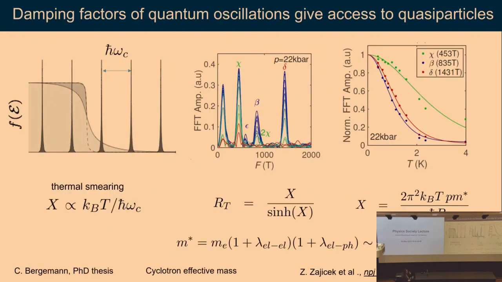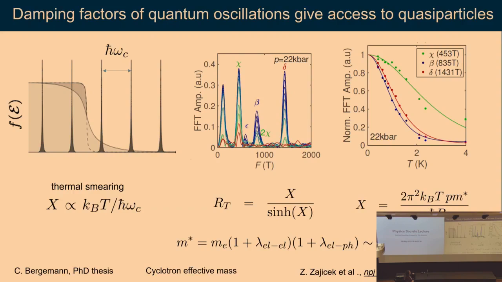And from this information about how the system varies with temperature, we actually get access to the quasi-particle effective masses. So this is the Fermi-Dirac distribution, and these are the Landau levels. At finite temperatures, the Fermi-Dirac distribution becomes very broad, and as a result, the amplitude of the quantum oscillations will vary significantly with temperature.